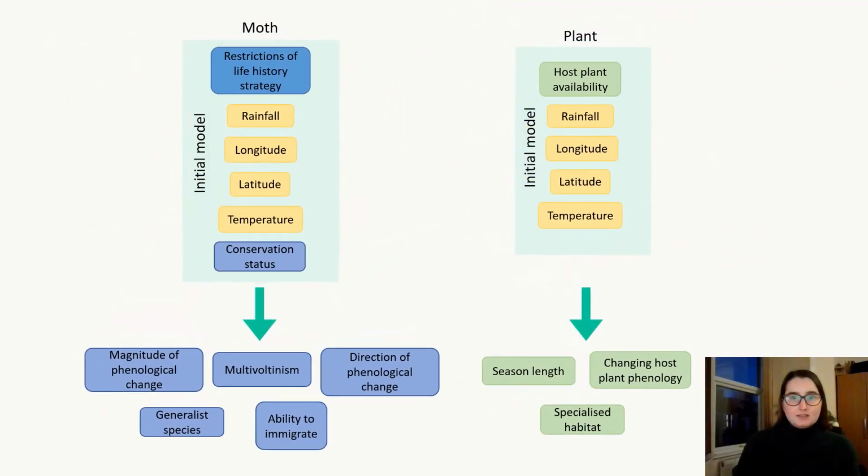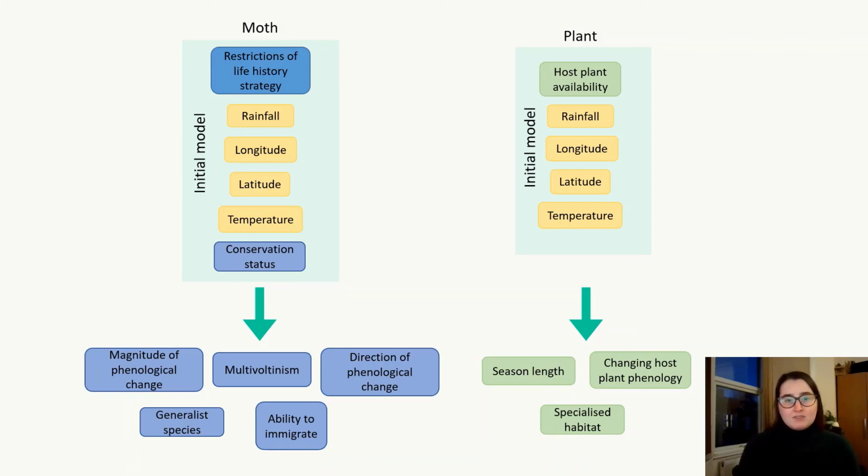And this is what the initial models will look like. First I'm going to do an analysis on the moth species I have the data for, and see whether their phenology has changed and which climatic variables are associated with that change. Then I'm going to do a similar analysis for plants, but focusing more on whether the plant phenology has changed.